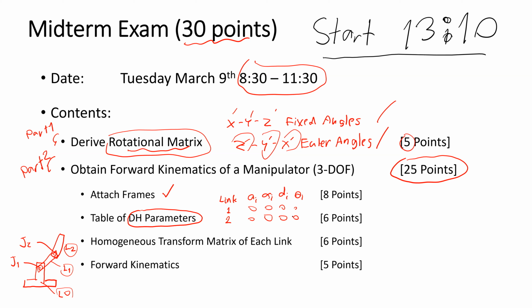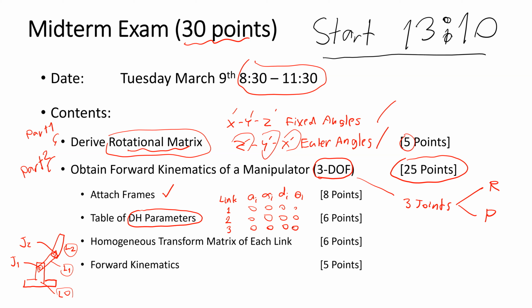In the exam, the robot has 3 degrees of freedom, which means we have 3 joints. The joints can be a combination of revolute joints and prismatic joints. It means we have 3 links, and you need to compose 12 parameters.